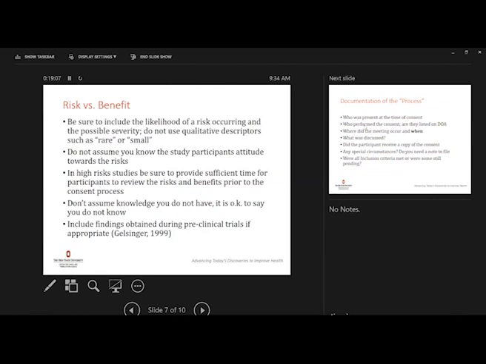In the Jesse Gelsinger case in 1999 that resulted in the participant's death, one of the findings after the investigation as to what had occurred was that there was information in the preclinical trials.